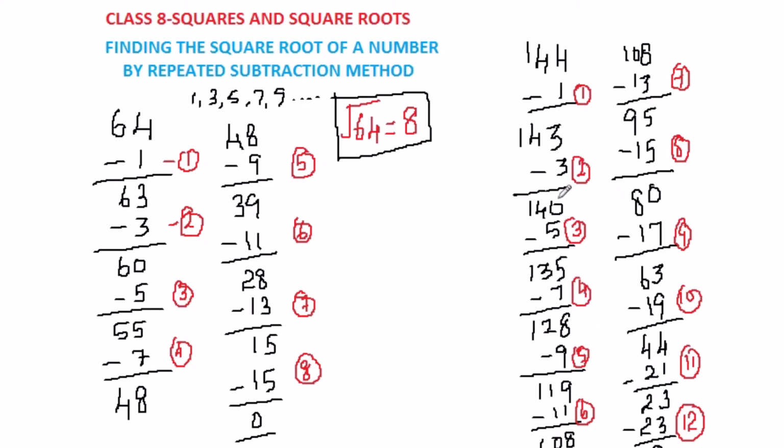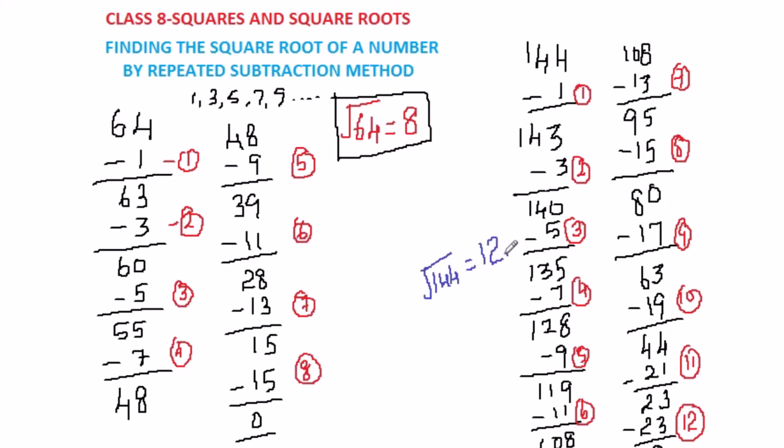Hence the square root of 144 is 12, because it was subtracted 12 times.